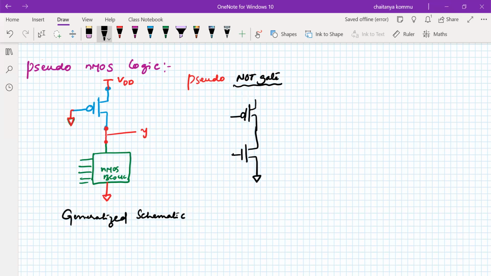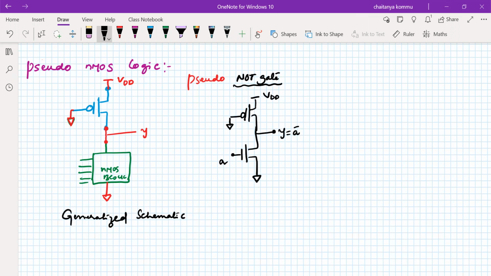This is connected to A, for example, and we get Y equal to A complement at the output. Remember that the PMOS gate must be connected to ground only. This is connected to VDD and this is connected to ground. So this is acting as a NOT operation, but in the pseudo approach.